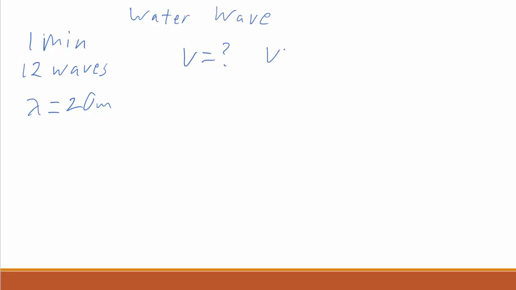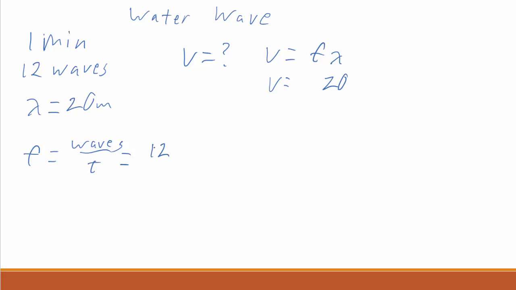So again, we're going to use V equals F lambda. So we've got lambda, that was given. V is what we're going to try to find. So what about frequency? Well, I've got 12 waves in 1 minute, so I can use my equation for frequency, which is waves per time. So that's going to be 12 waves, and I want this velocity to be in meters per second.